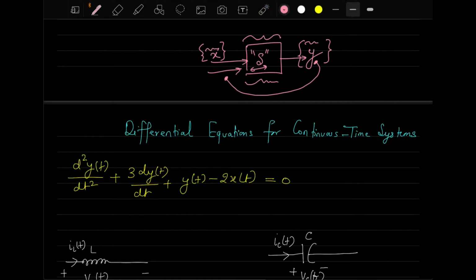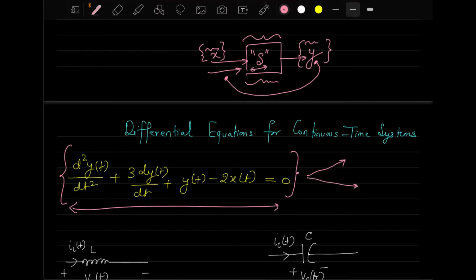If I write this differential equation, it can be a representation for, let us say, I am not saying that a particular system will have this exact differential equation, but I am just giving you an example that this differential equation can fit multiple systems.